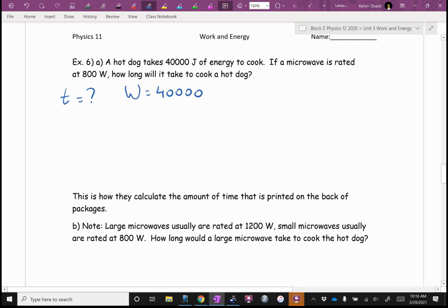What's that 800? Got to be power, because power is measured in watt. Is there an equation that has time, work, and power in it? The brand new one. Can you get the T by itself, please? Yeah. So it's going to be 40,000 divided by 800.